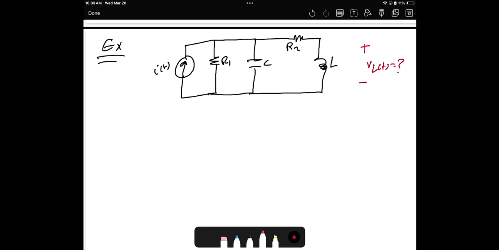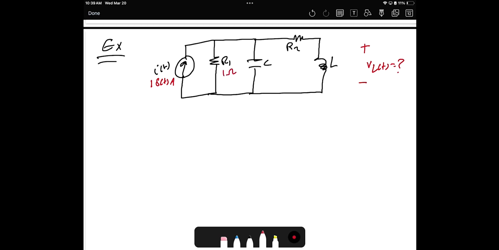Let me give the values, so I'll assume this one as 1 delta of t amperes. Okay, so I cannot use the previous circuit techniques because we have delta of t. The circuit techniques that we've learned before in circuit analysis, I cannot use them. It's a small challenge. Then the resistor here, 1 ohm.